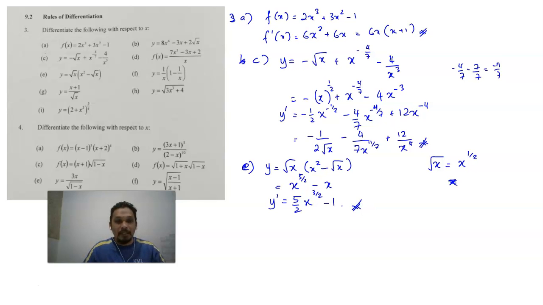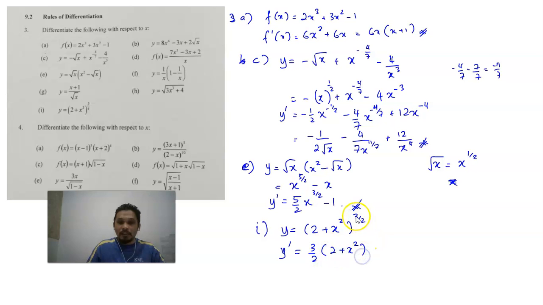Okay, and then next question I, y equal to 2 plus x squared to the power of 3 over 4. Then y prime equal to, okay, for this question, we are going to differentiate the power outside here, come out with 3 over 2 times 2 plus x squared to the power of 3 over 2 minus 1, or 3 over 2 minus 2 over 2, 1 over 2.